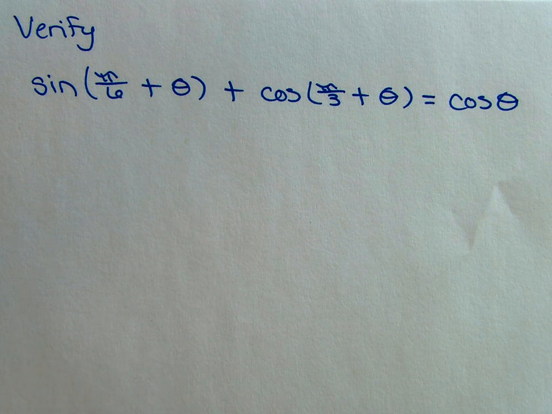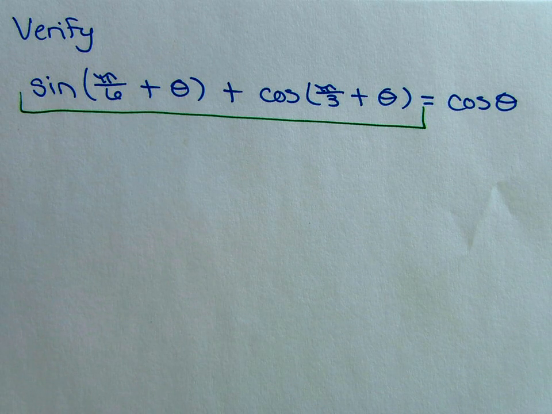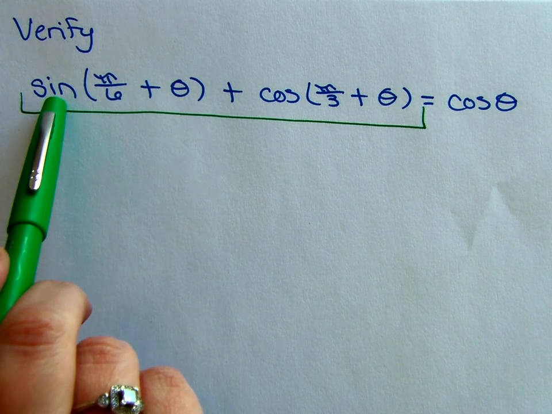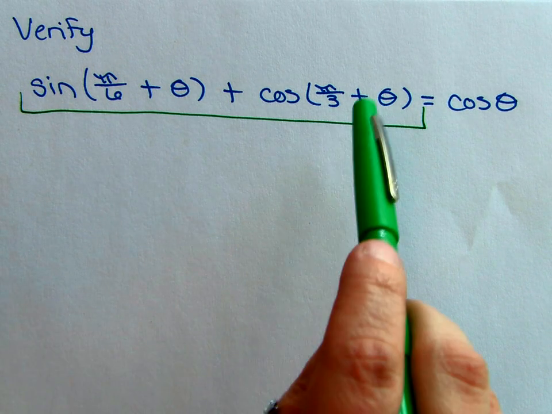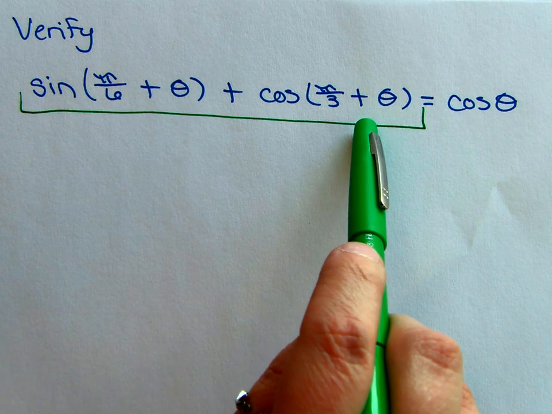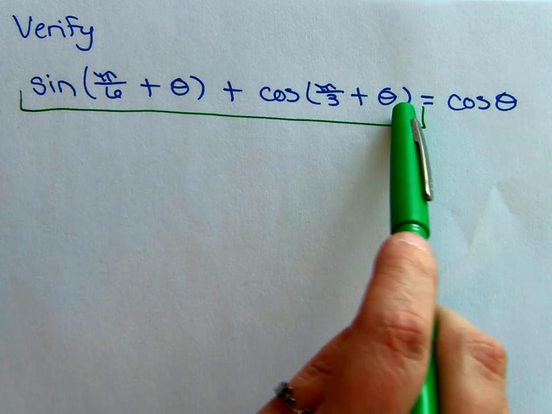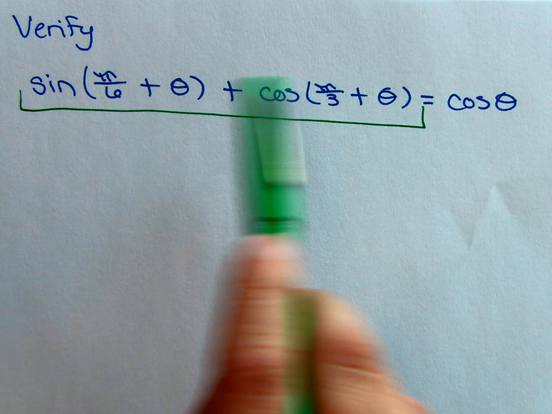And what makes it more complicated than the previous ones that we've had is we have the sine of a sum and we have the cosine of a sum. So we're dealing with the identities from today, from 5.4, and the identities from earlier today, of 5.3. So we're going to have to expand both of these in order to see what simplifies.